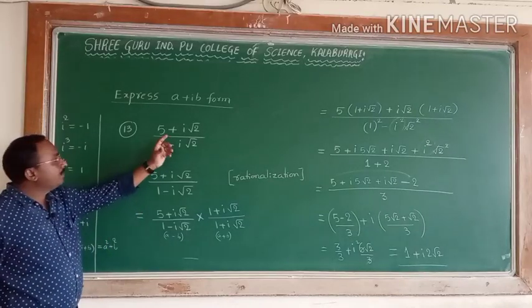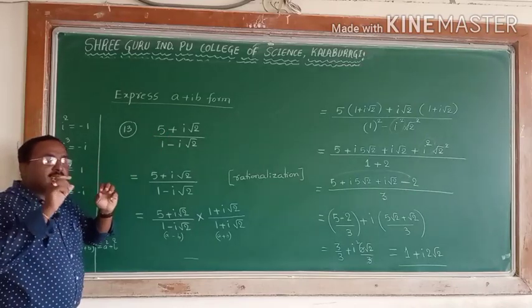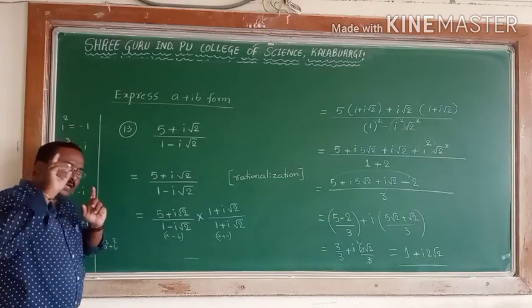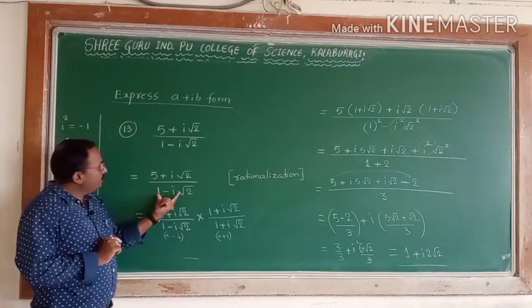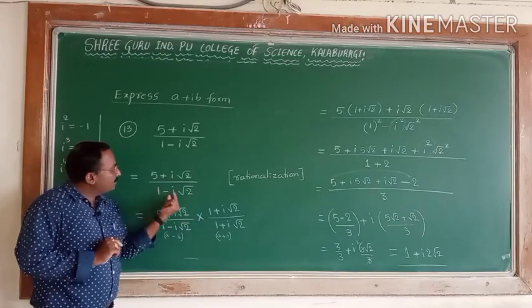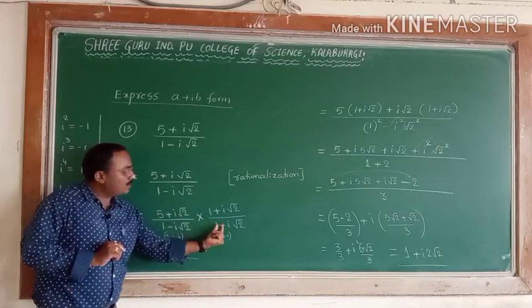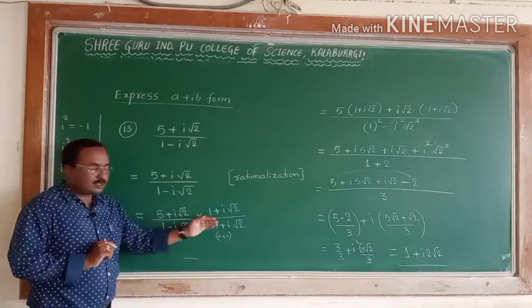Listen here. For division of complex numbers, rationalizing the denominator is a must. The denominator is 1 minus i root 2. Rationalize: minus becomes plus, so multiply by 1 plus i root 2. Numerator product, denominator product.